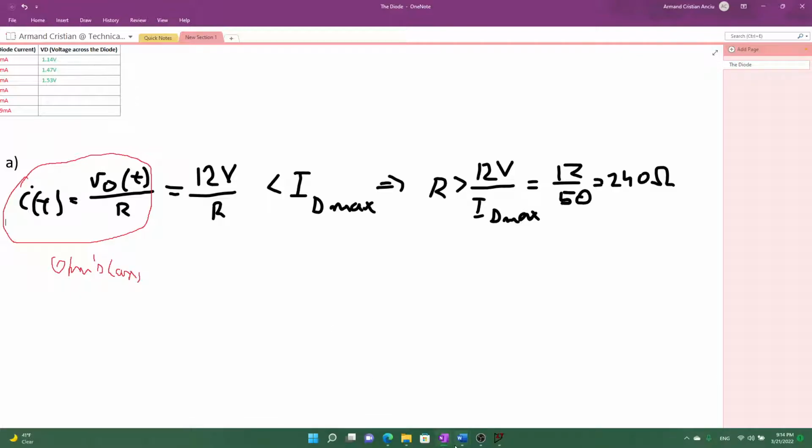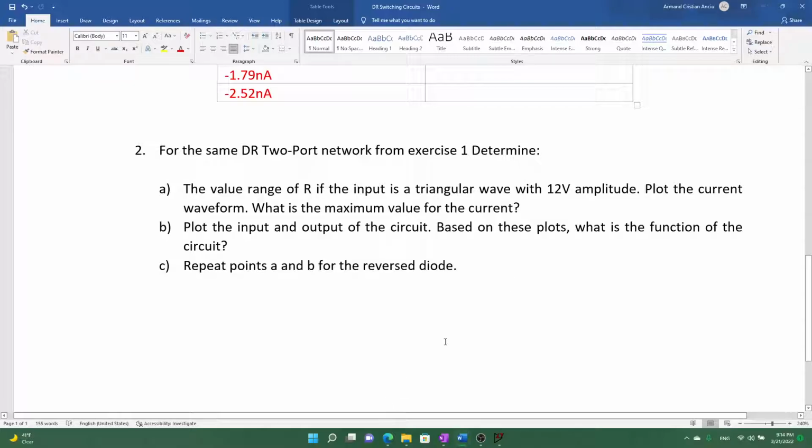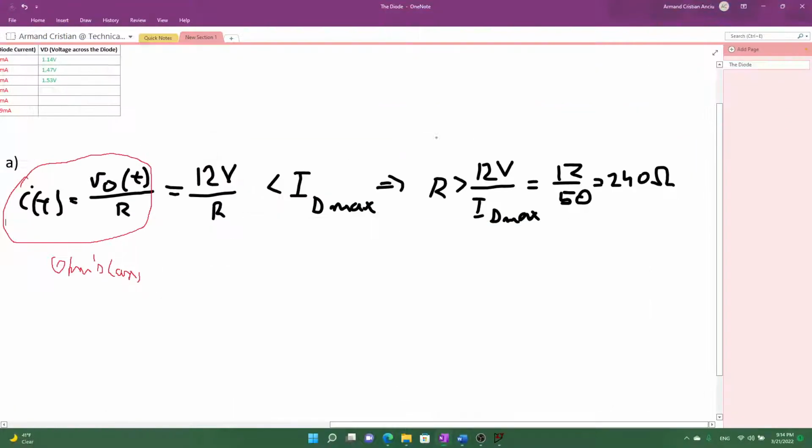And it is stated in the exercise that we have a triangular wave with 12 volts amplitude, meaning the maximum output voltage is 12 volts. And we are asked to measure the value range for the resistor, which we do not know. But what we do know is that this ratio should be smaller than the maximum current through the diode.